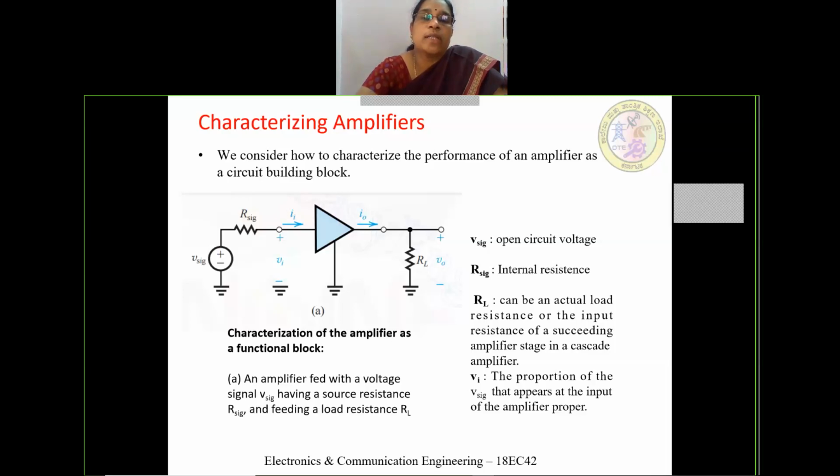If you consider a single amplifier, RL is a load resistance, but if you consider cascaded amplifiers, then RL may also represent the input resistance of the succeeding stages. So V signal, R signal, Vi and RL are the important terms that we have to know at this stage, because these are the main parameters that are going to characterize the amplifier performance.